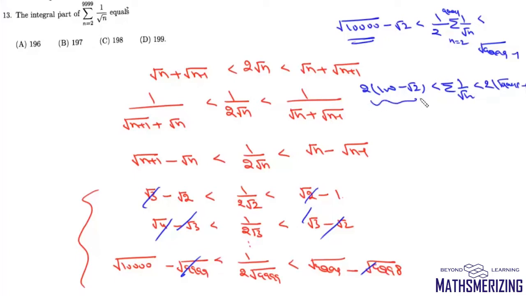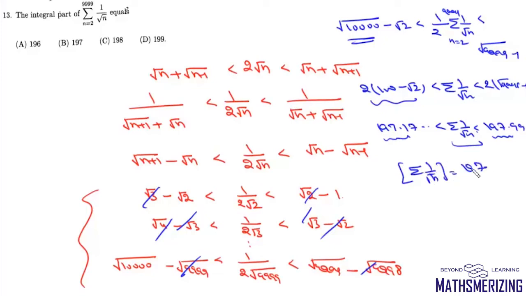Now 200 minus 2 root 2 is 197.17 something, and this is 197.99. So this value lies between 197.17 and 197.99. So the greatest integral function of this summation 1 by square root of n will be 197, and that's your option number B.